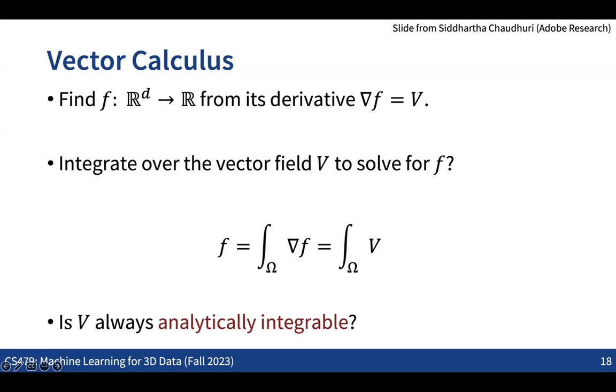Yeah, so this might be good motivation, a review of what you learned from vector calculus.